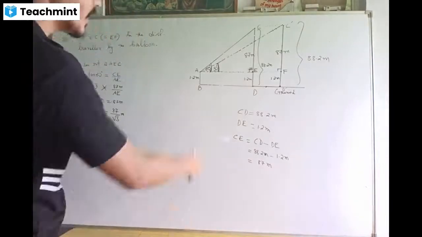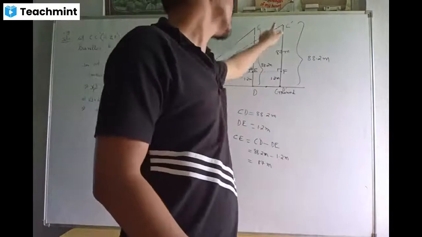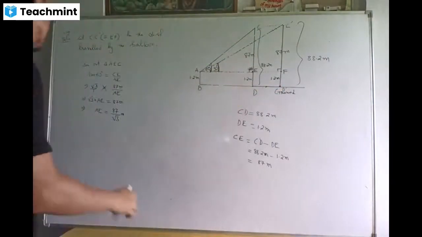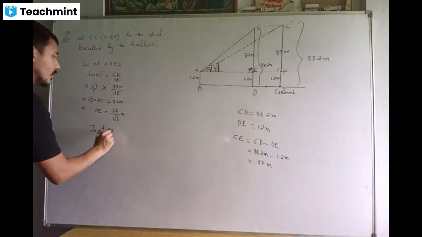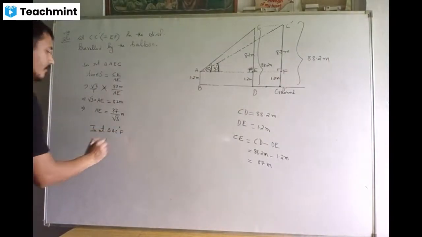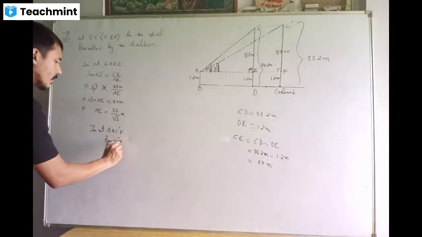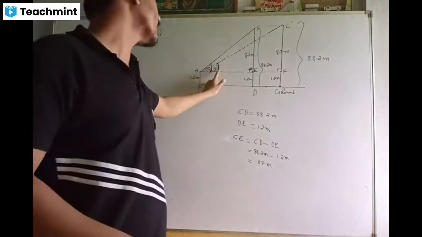Now let's go for the other right triangle. We have the bigger right triangle here, AC dash F, with angle theta given to be 30 degrees. In right triangle AC dash F, tan theta means side opposite to your angle theta.